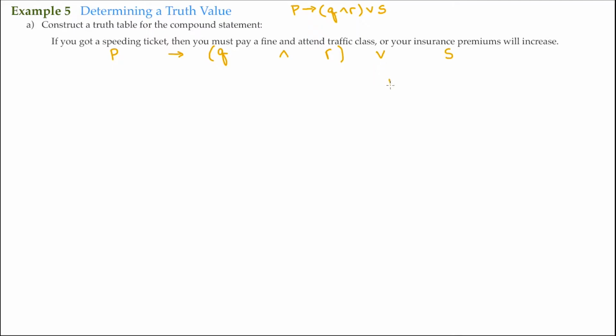We have simple statement P. You got a speeding ticket. That's our simple statement right here.